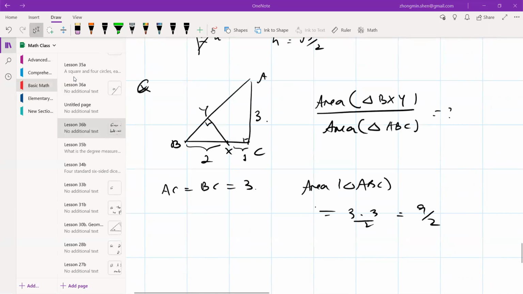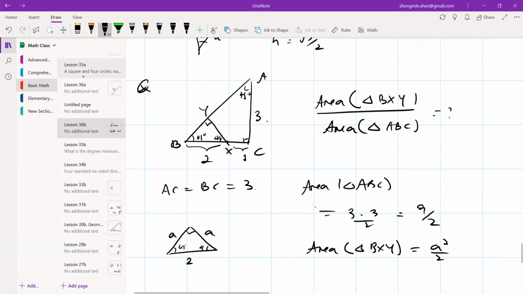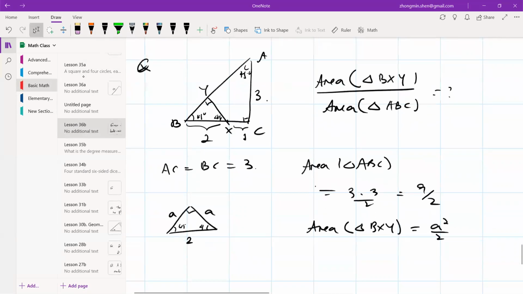Kevin said 2/9. Okay, let's try. Look at this triangle, right? It's an isosceles triangle, so it's 45 degrees, 45 degrees, and 90 degrees. So that means you have a triangle here with 45 degrees, 45 degrees, and this side is 2, here's A, right? This is an isosceles right triangle. So the area of the triangle BXY is just equal to A squared divided by 2. Now what is A squared?